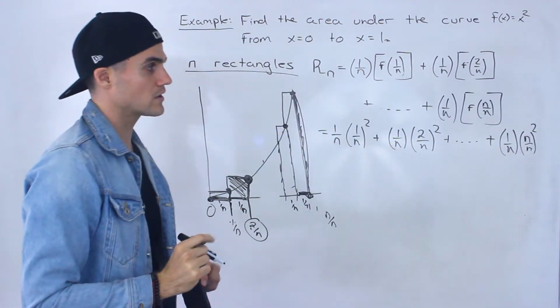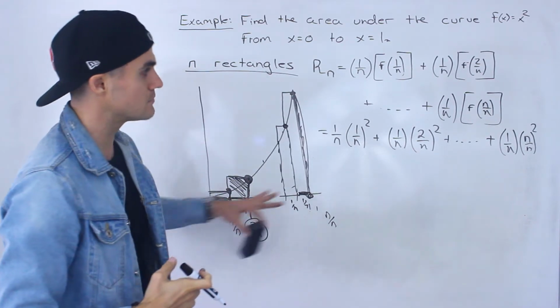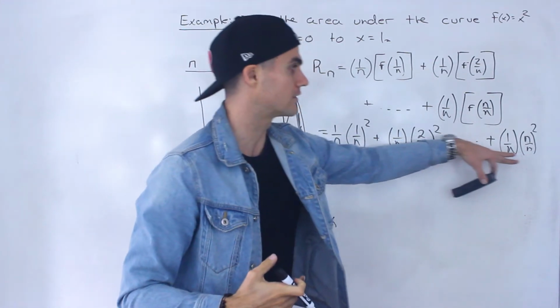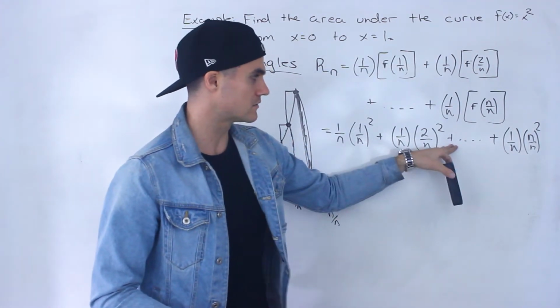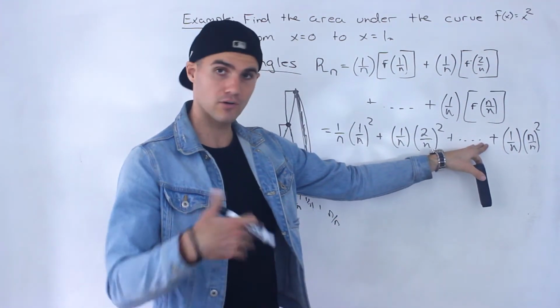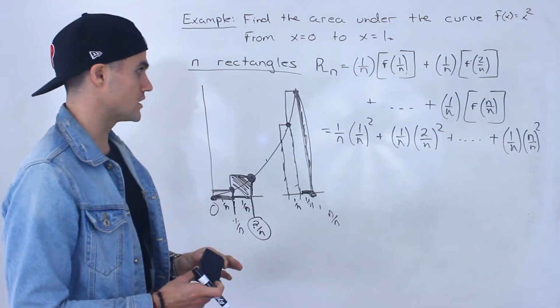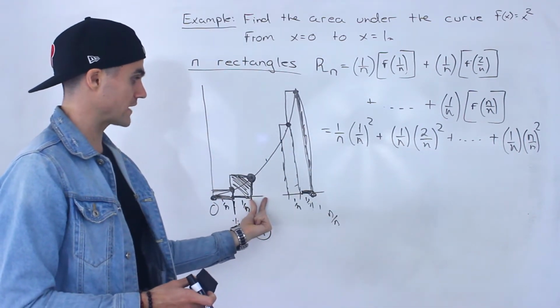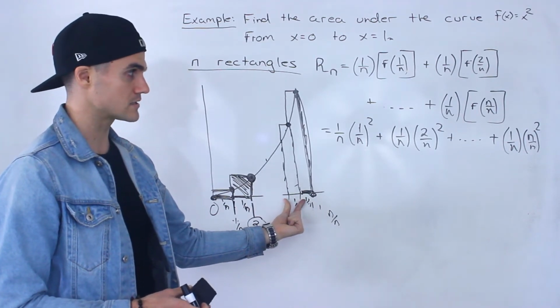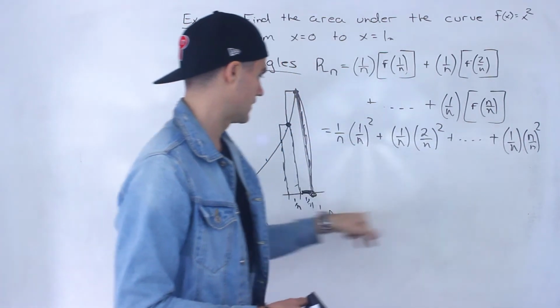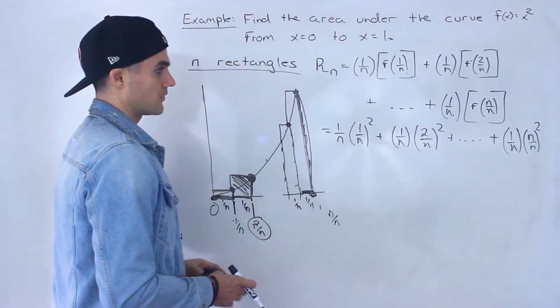I'm not going to write 1 squared, I'm just going to write n over n squared just to keep the pattern consistent over here. And then these dots here basically represent the area of the rectangles from the third rectangle all the way to the second last rectangle. And then this is the area of that last rectangle.